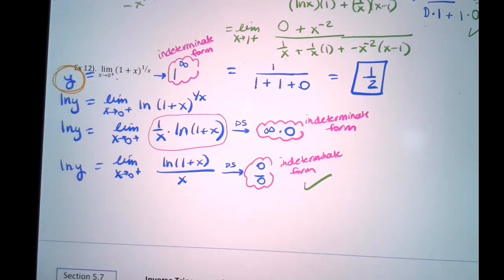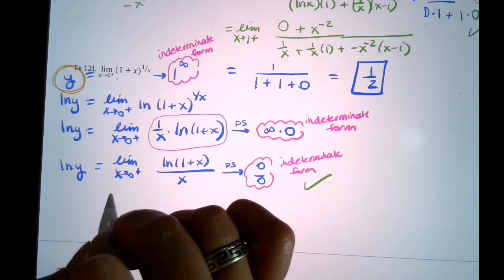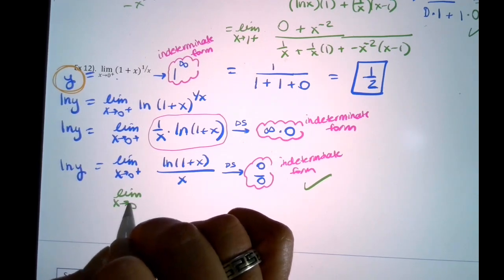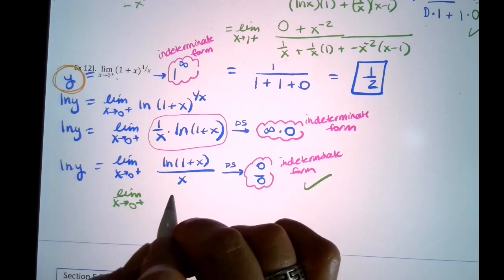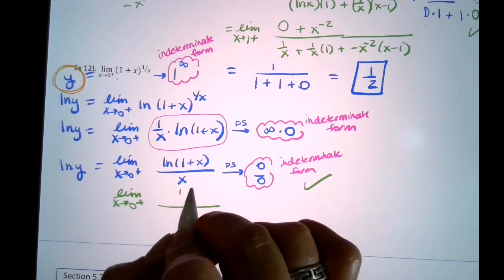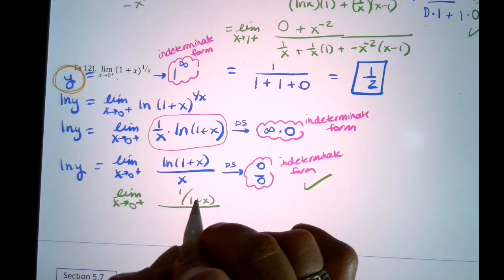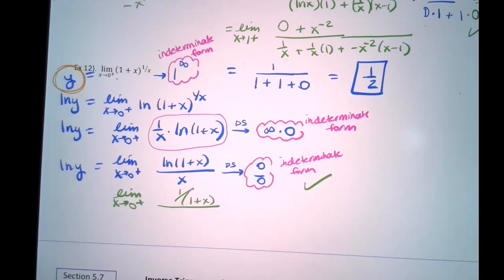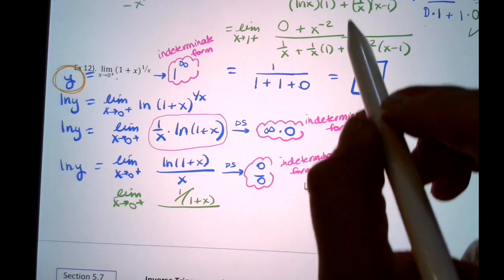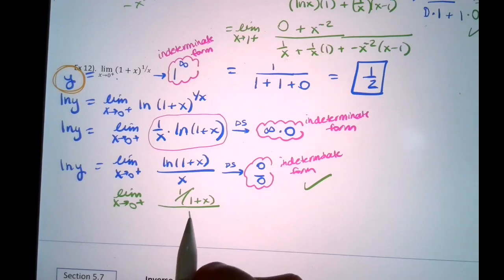So you're using L'Hopital's rule on the right-hand side. And remember, when you use L'Hopital's rule, you're not doing the quotient rule. It's actually better, right? You're just saying, what's the derivative of the numerator? Well, the derivative of the natural log is 1 over what was inside. And then the derivative of x is just 1.